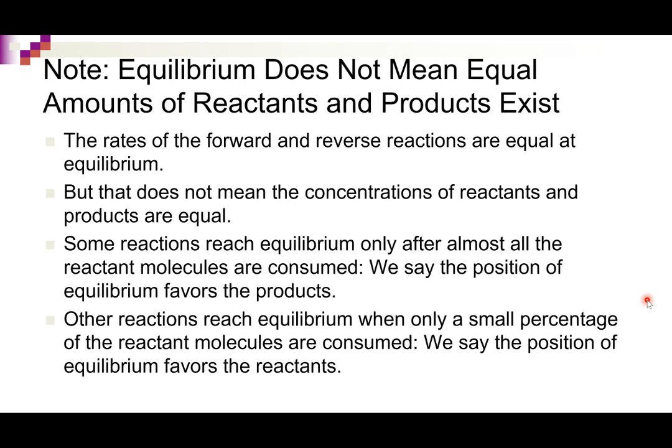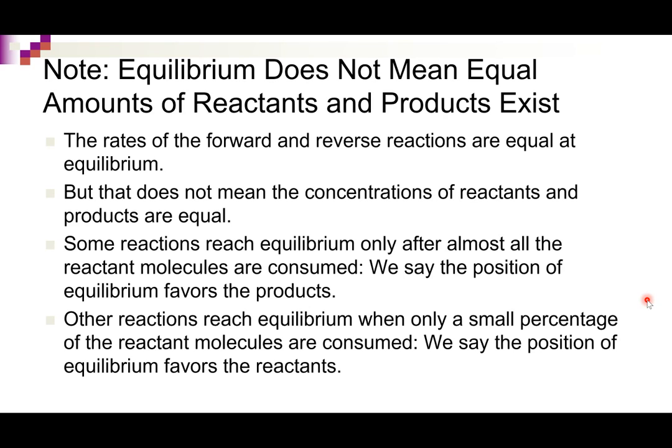Some reactions reach equilibrium only after almost all of the reactant molecules are consumed. So in this case, we would mix our reactants together, a lot of them would react and become the product, and at that point, we would say that the equilibrium favors the product. Once it reaches that constant flat line, there's a really high concentration of products.